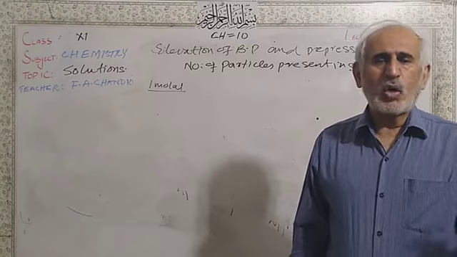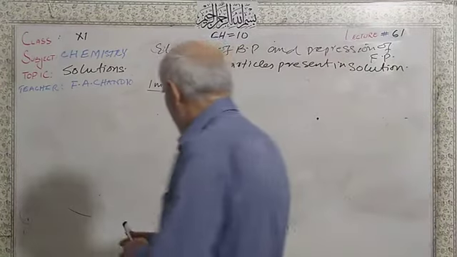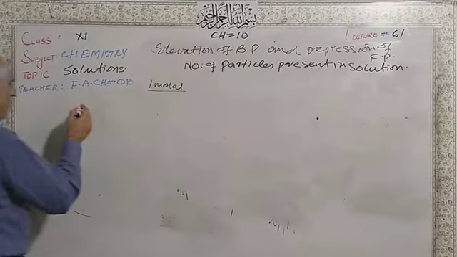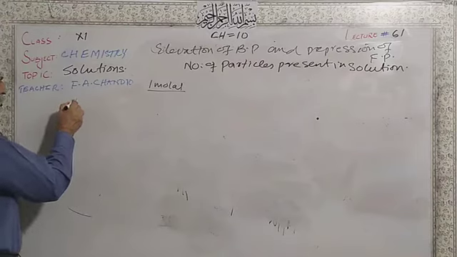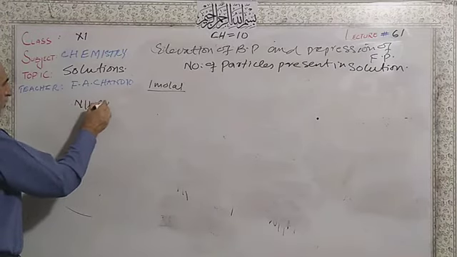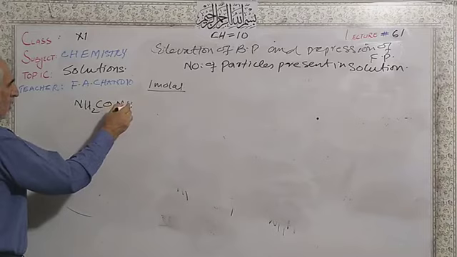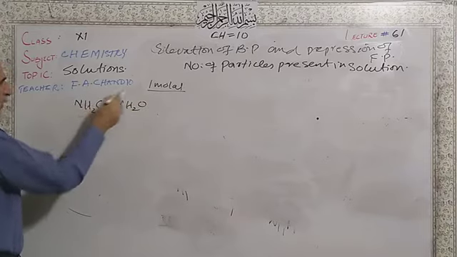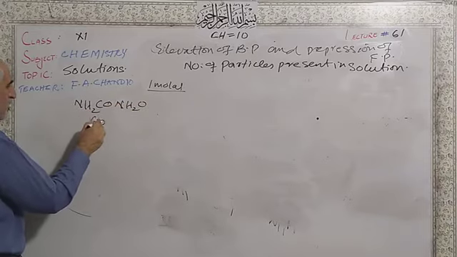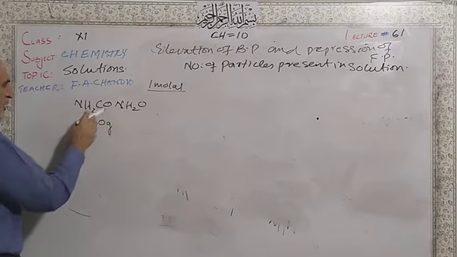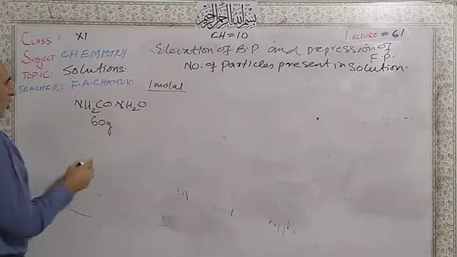Just like this, you have urea, 1 molar: 60 grams of urea is equal to 1 mole.